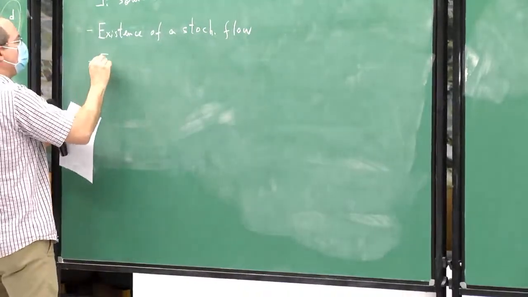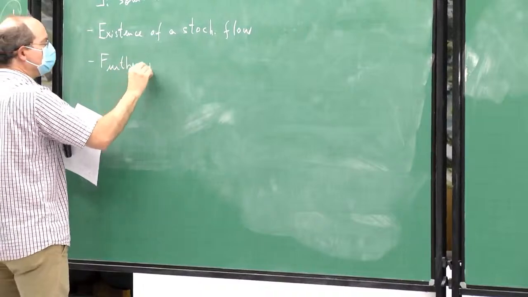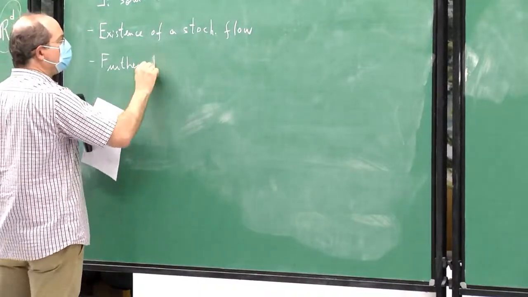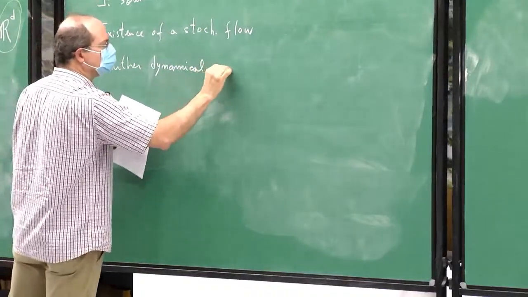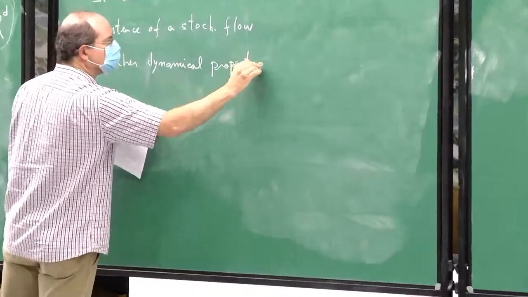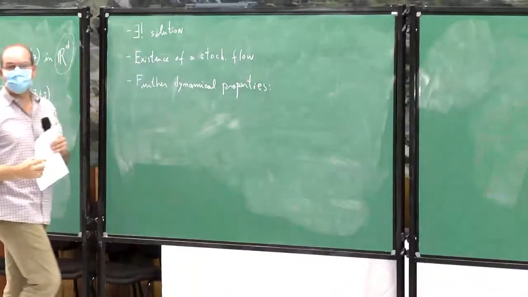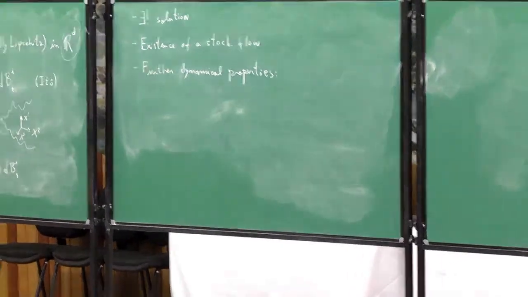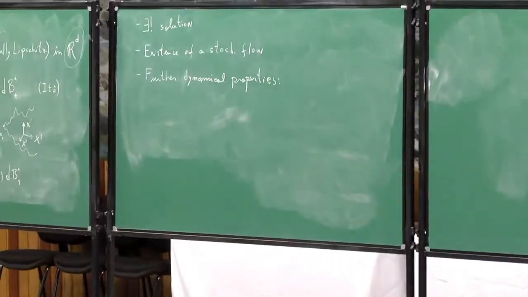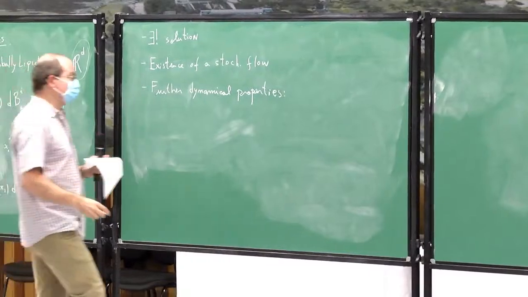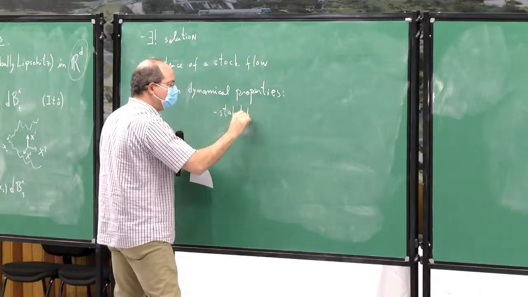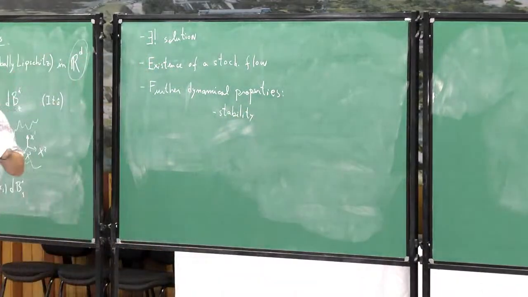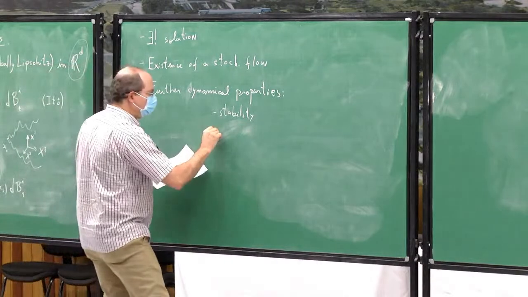Further dynamical properties, which are tens of different areas of research, among which we can mention stability: will those trajectories contract to a certain point?